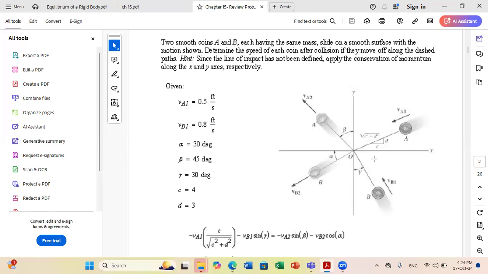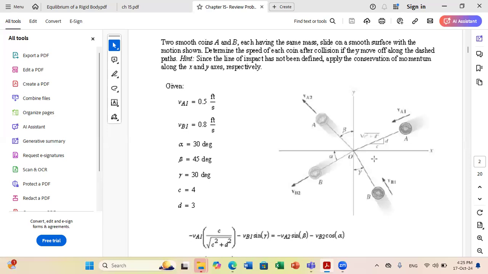So what are your unknowns? Your unknowns are the magnitudes VA2 and VB2. So you have only 2 unknowns, and this is why you need only to write 2 equations.